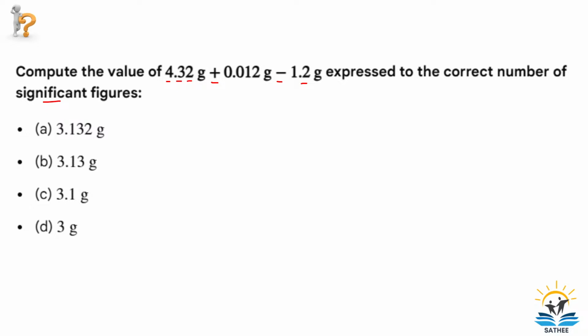Okay, I got it. Option A, option C. Let's see. 4.32, 0, 1, 2, 1.2, 2, 3, 5.